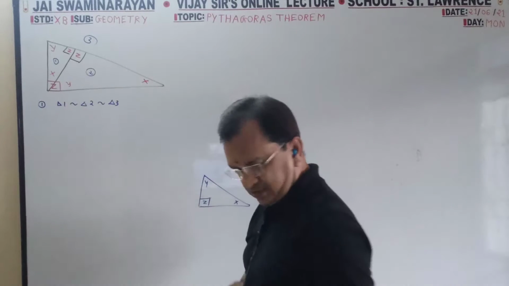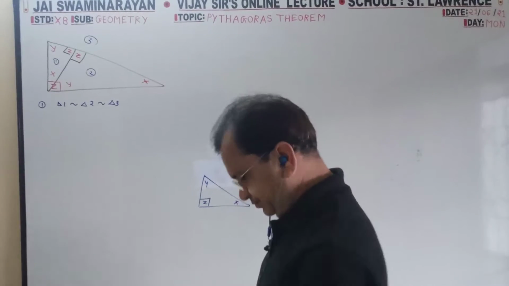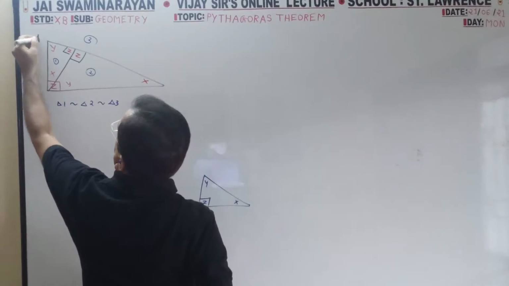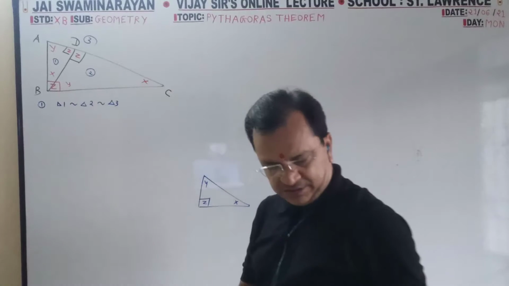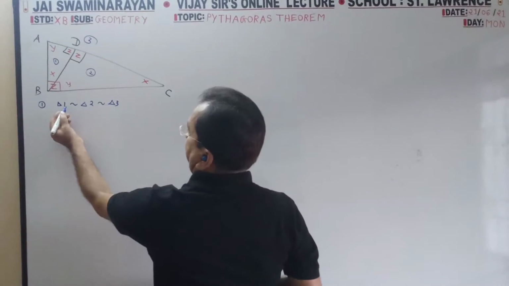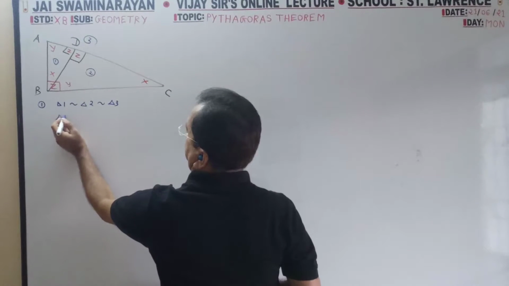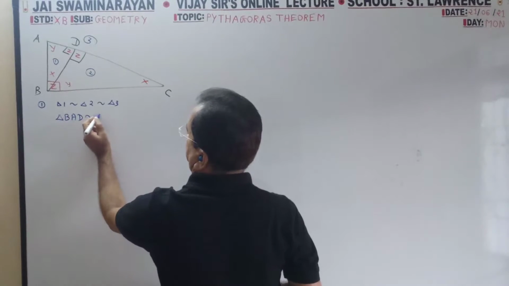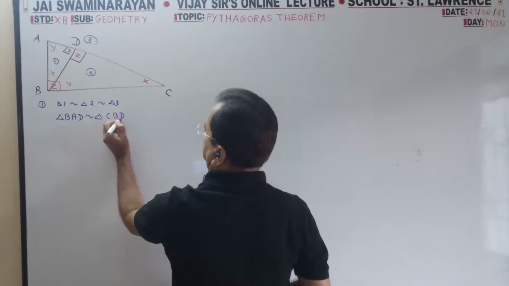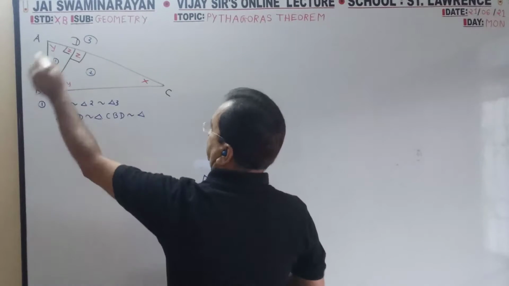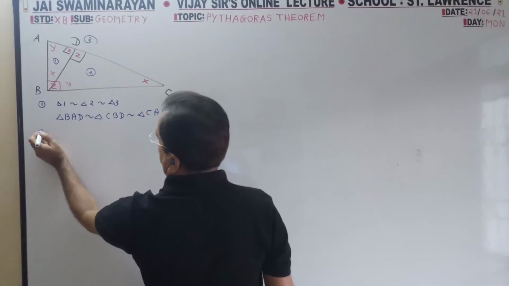First triangle, I will give the names from here: A, B, C, D. Name of the first triangle according to X, Y, Z: B, A, D. Second triangle X, Y, Z: C, B, D. Full triangle third, x, y, z: CAB. This is your first proof.